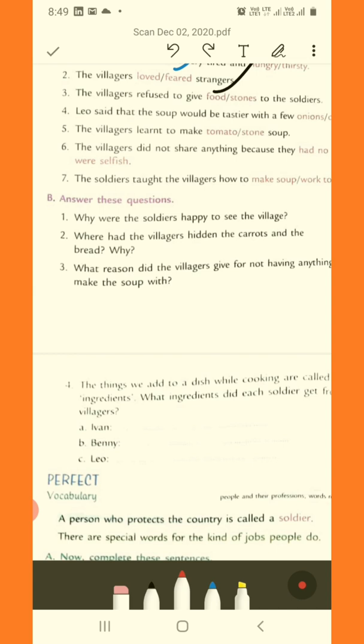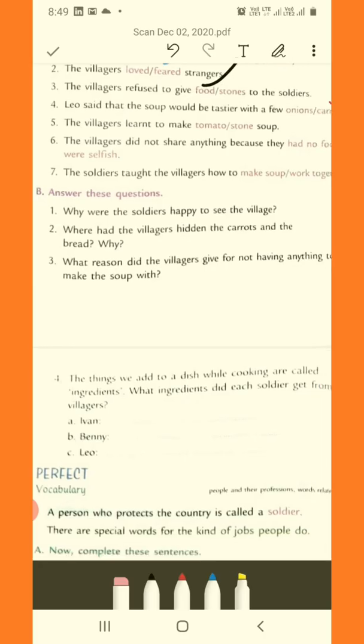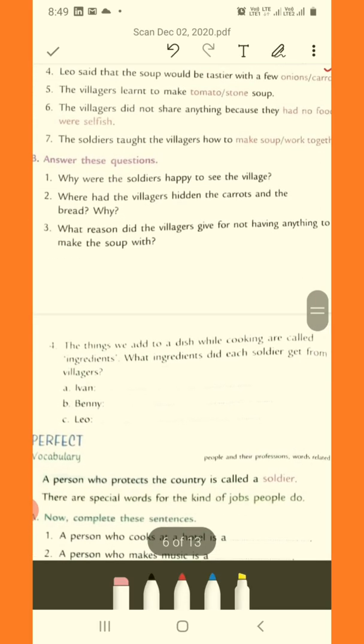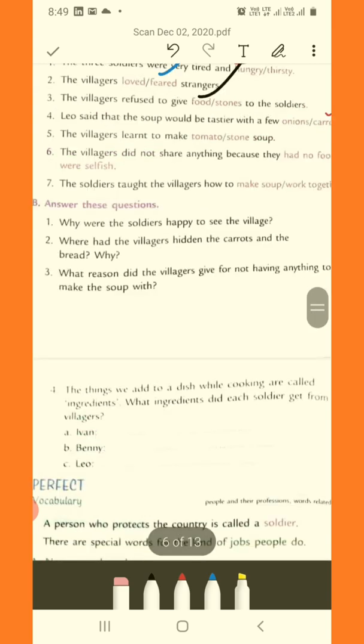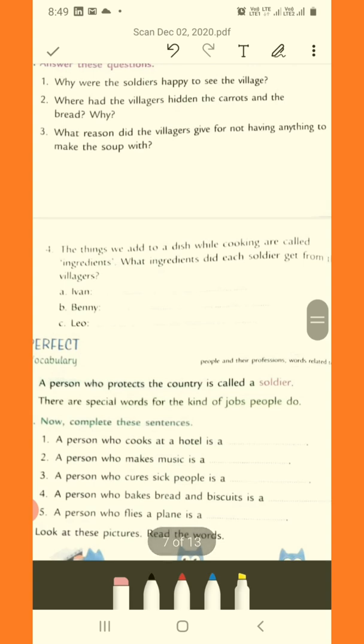Why? Because they feared strangers might come and take them away. What reasons did the villagers give for not having anything to make the soup with? They say there was no harvest, this and that, multiple reasons. So do the rest on your own.